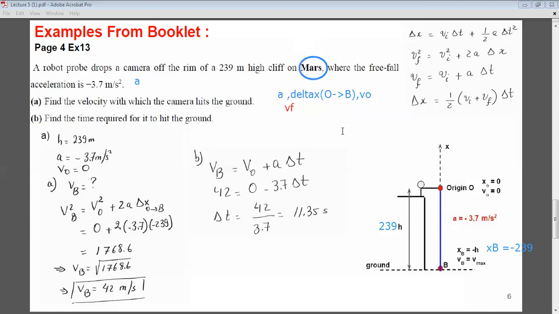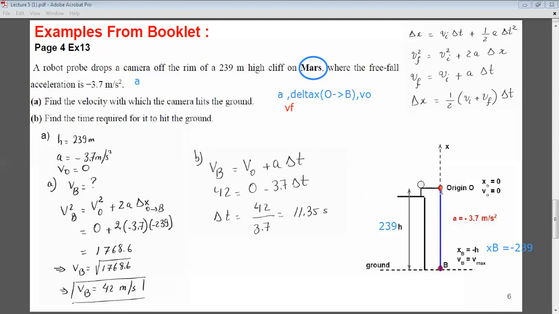Okay, so let's look at our equations. Which equation has A, delta X, V0, and V final? It's equation number 2. So I write the equation. V final, which is VB square, equal V initial, which is VO square, plus 2A delta X from O to B. VO is 0 because they didn't say that he threw it upward.